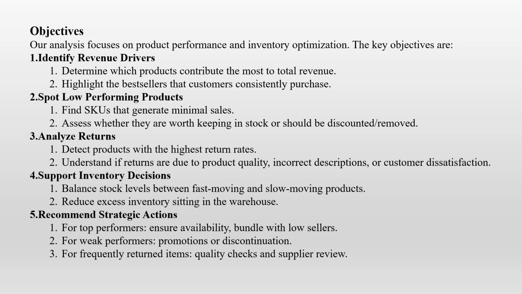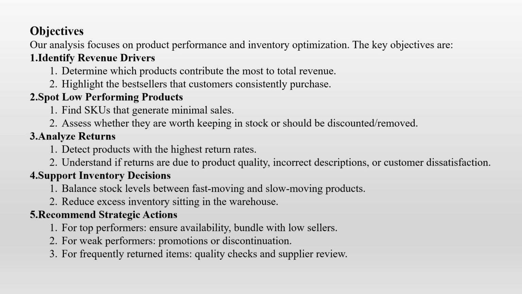Our third objective is to analyze returns, which is to detect products with the highest return rates and understand if returns are due to product quality, incorrect description, or customer dissatisfaction. Number 4 objective is to support inventory decisions, balance stock levels between fast moving and slow moving products, and reduce excess inventory sitting in the warehouse.